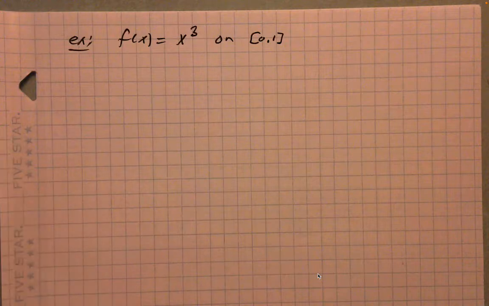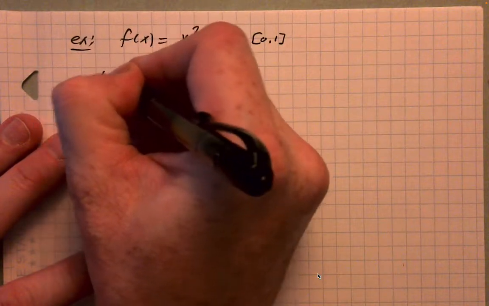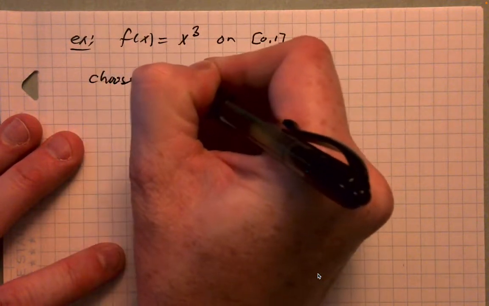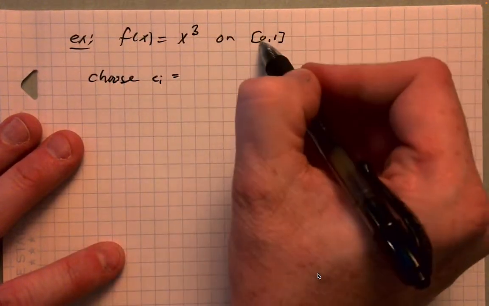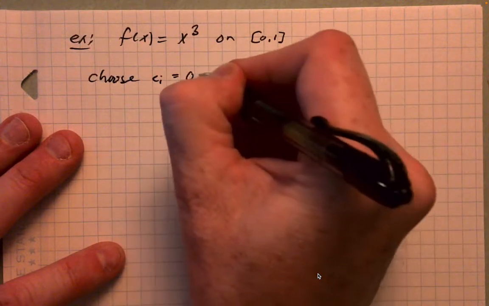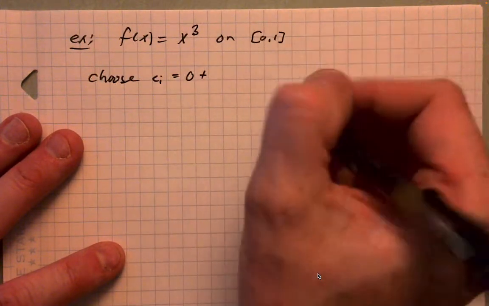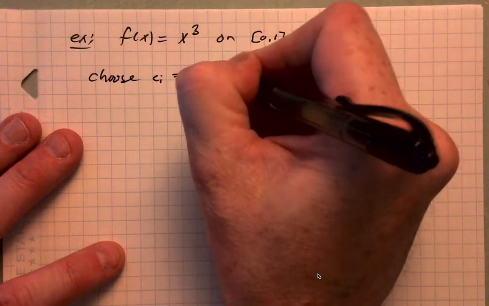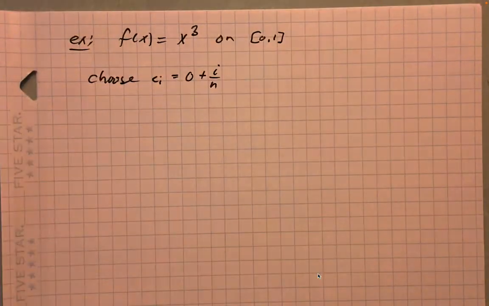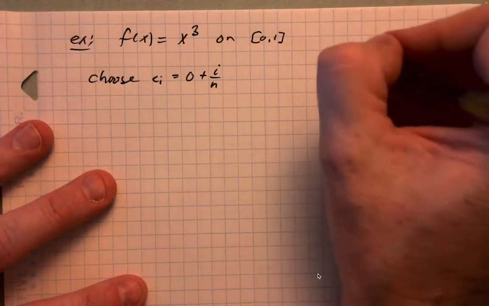You can choose left endpoints or right endpoints. I think it's almost always better to choose the right endpoints, just a little more convenient. So we'll choose ci to be equal to, starting with 0, 0 plus whatever the width will be, which will be i over n. The width of each subinterval will be 1 over n, so I should write that.